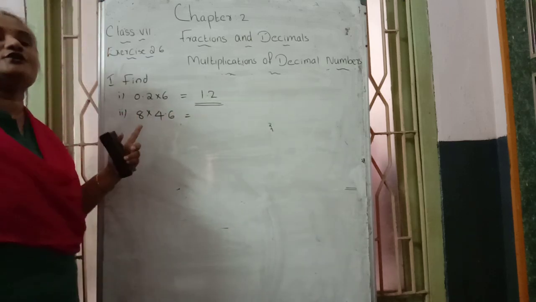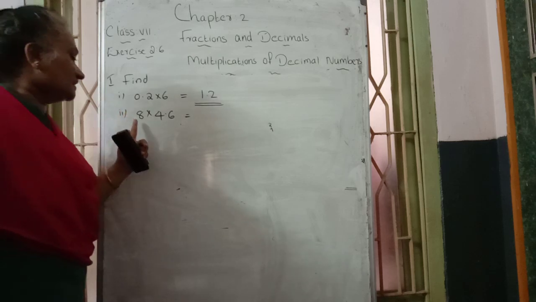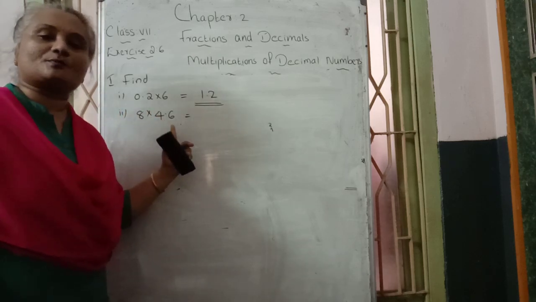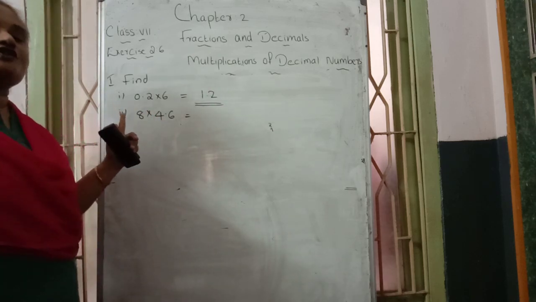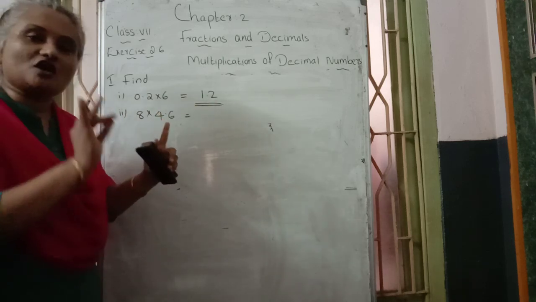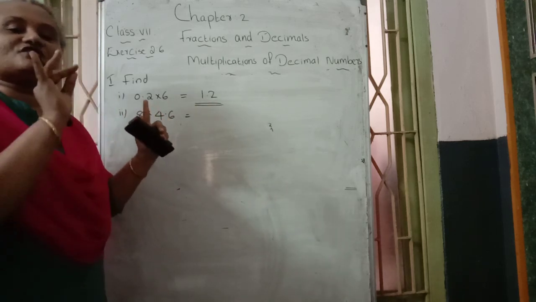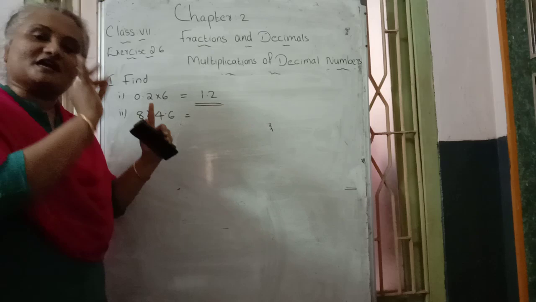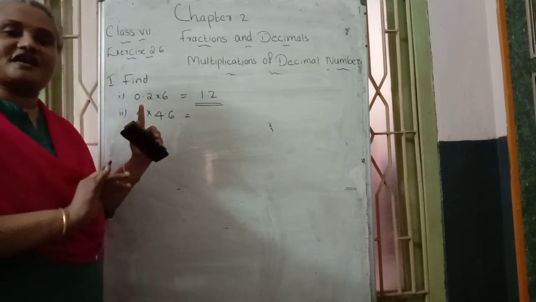Next, 8 into 4.6. Another question we want to multiply. 8 is multiplied with 4.6. First, without the decimal point, that is easy, we multiply the numbers.